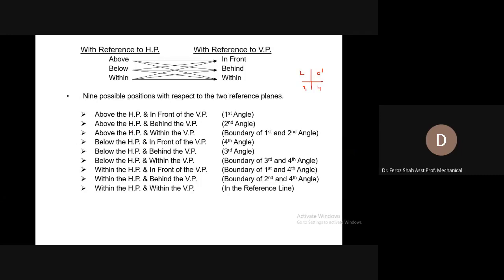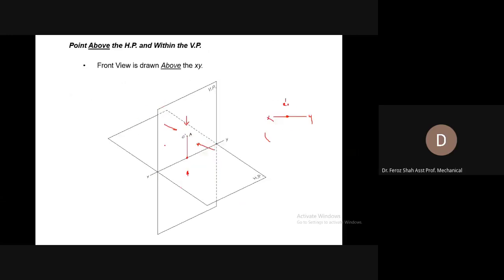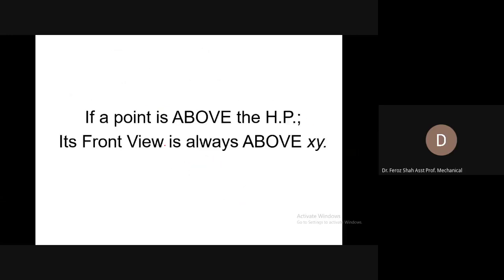So above the horizontal plane, within the vertical plane, it is basically the boundary of the first and second quadrant. Below the horizontal plane and within the vertical plane, we have seen the cases.